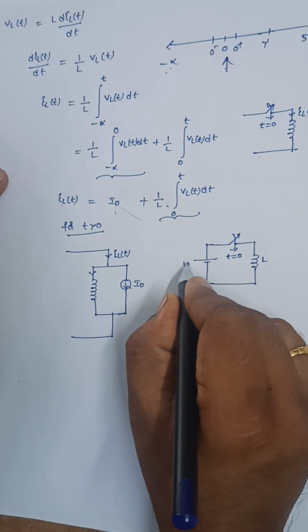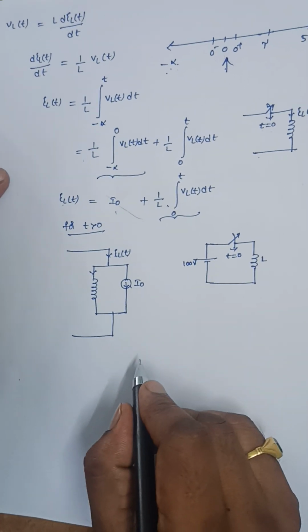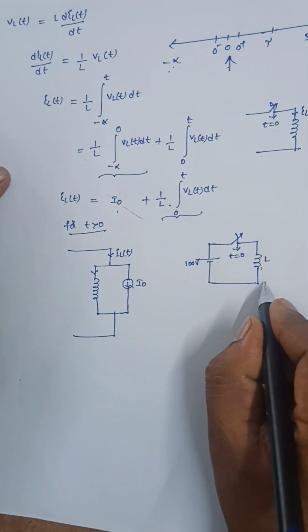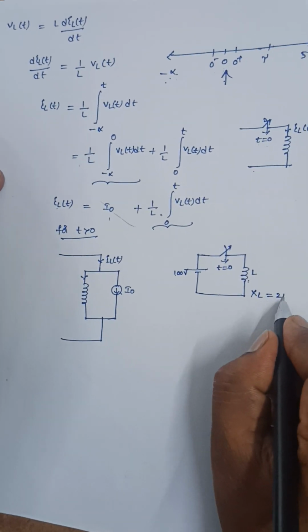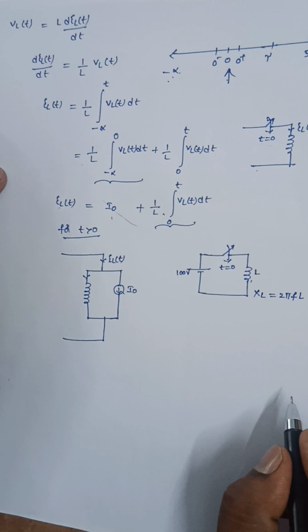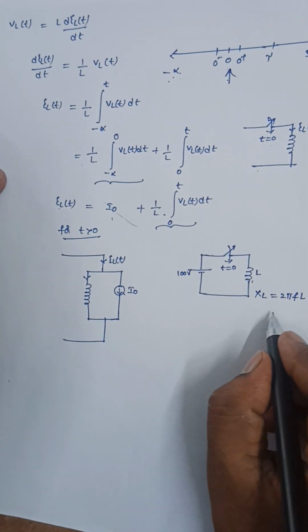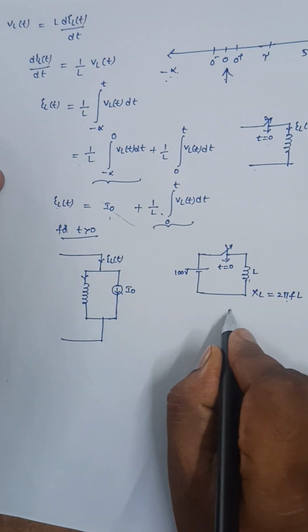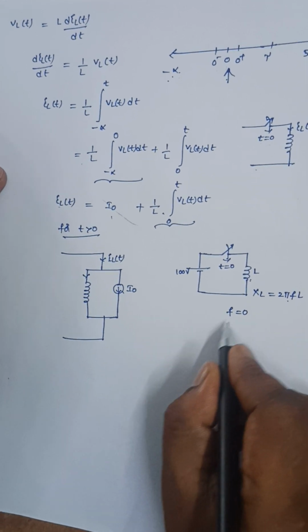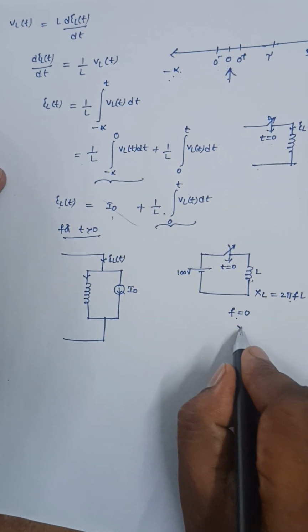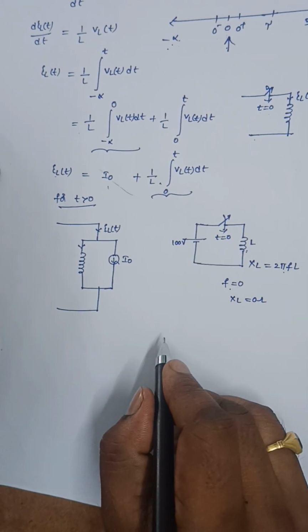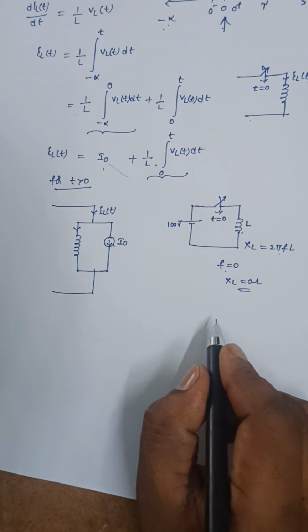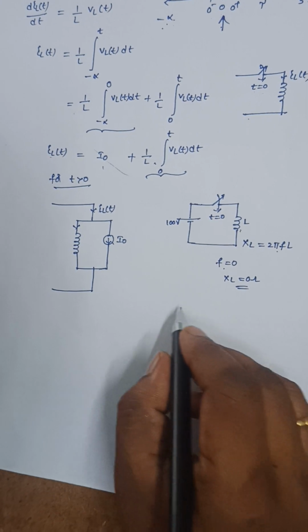The inductive reactance XL is equal to 2 pi f L, we know that. The frequency of a DC supply is f is equal to 0. If f is equal to 0, XL is equal to 0 ohms. If I substitute XL is equal to 0 ohms, it will act as a short circuit.